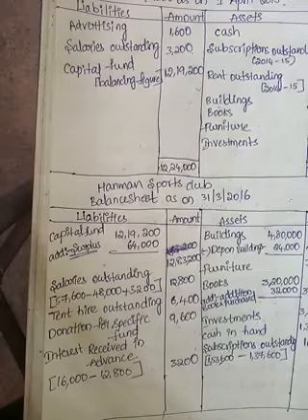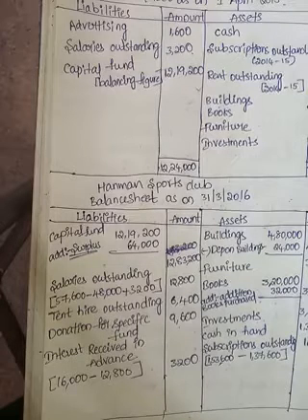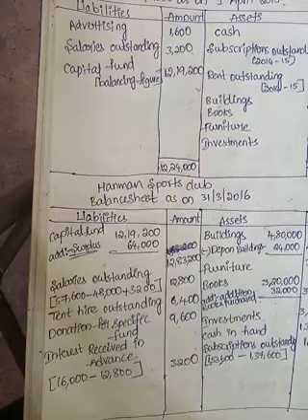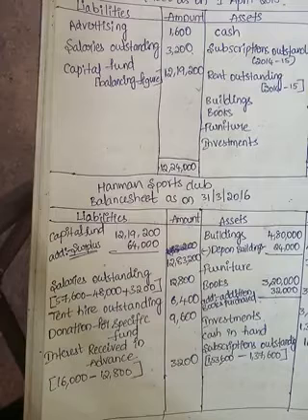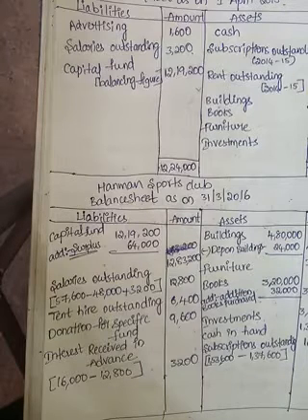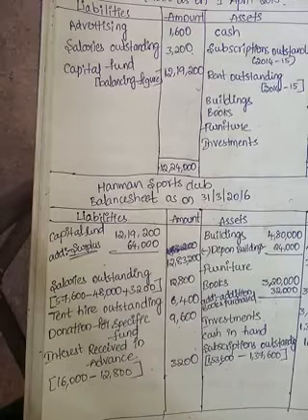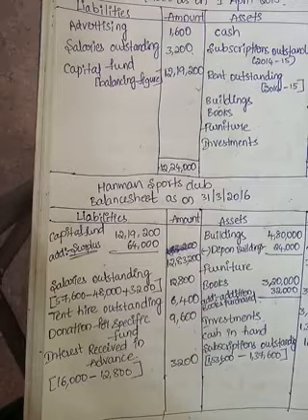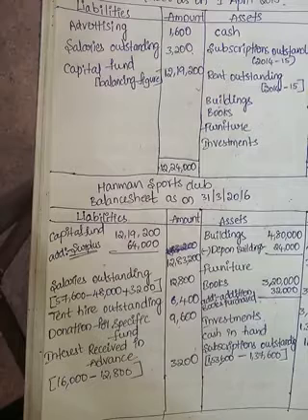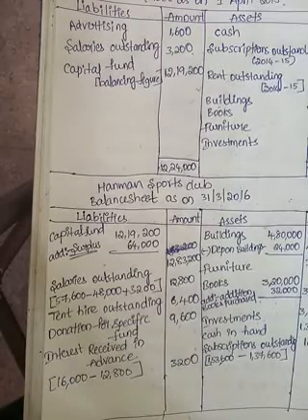We compare with the receipt side of receipts and payments account and the income side of income and expenditure account, and next with the payment side of receipts and payments account and the expenditure side of income and expenditure account. Now do the total of these.